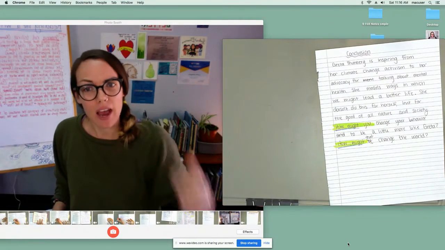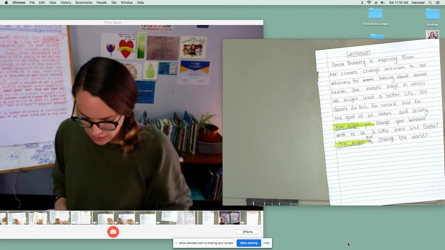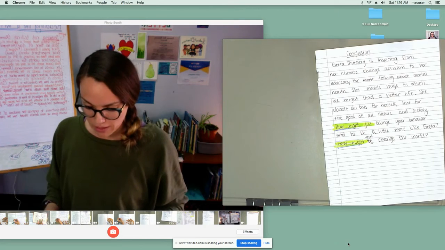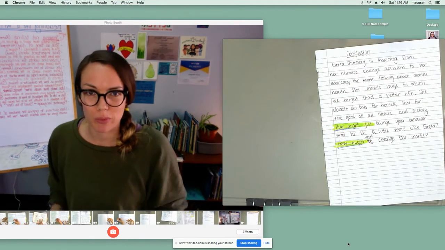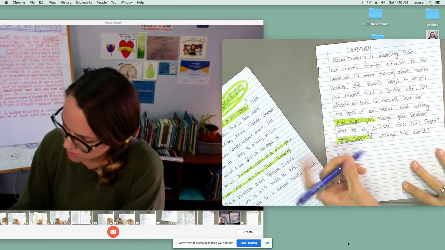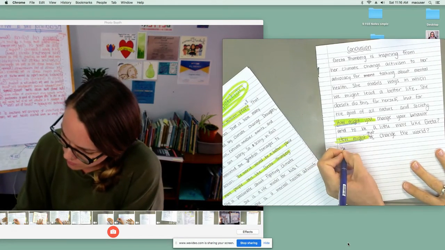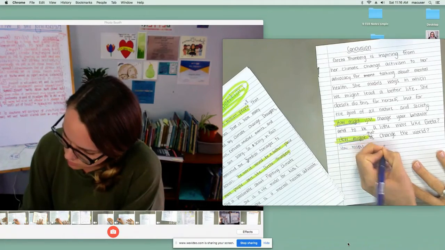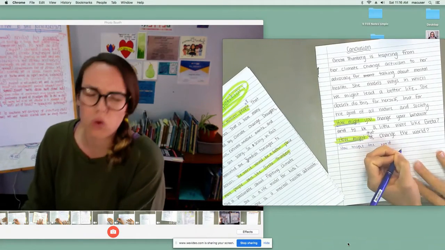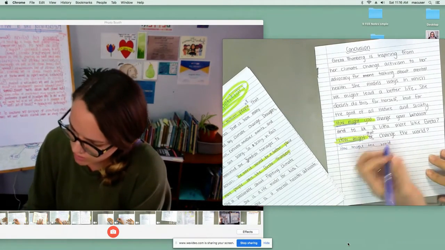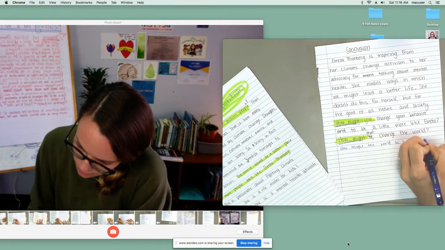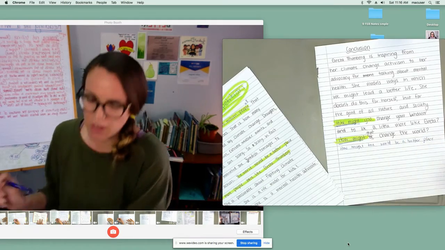How might the world be a better place if more people were like Greta Thunberg? I'm feeling really good about this. I'll add that whole thing.